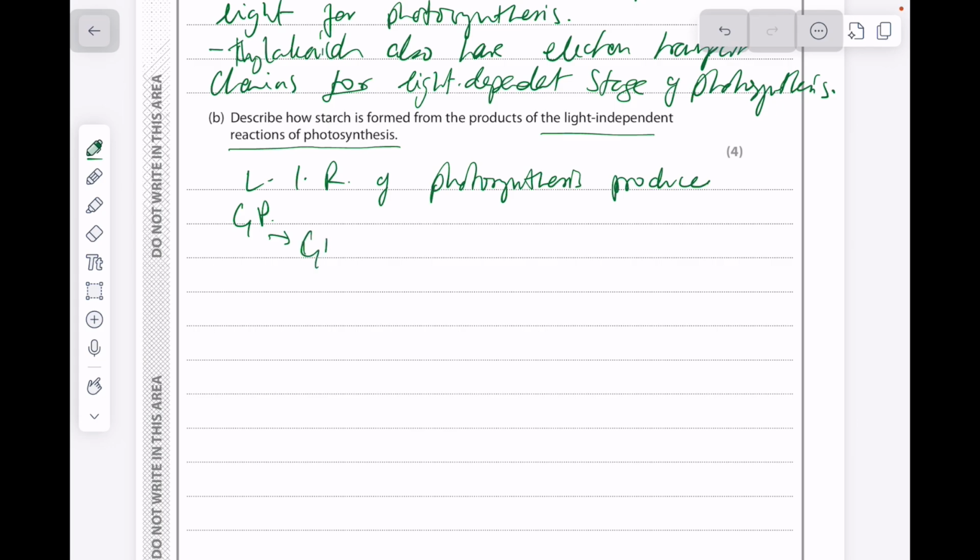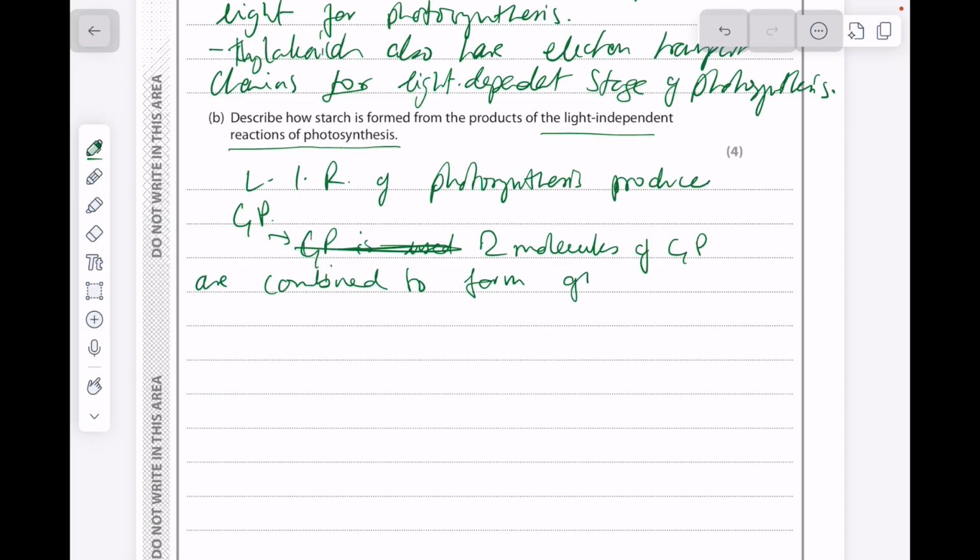GP is a 3-carbon sugar, so 2 molecules of GP are combined to form glucose, alpha glucose, because we're talking about starch, okay?